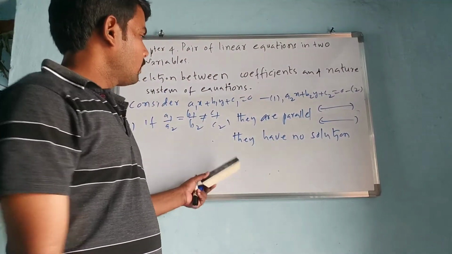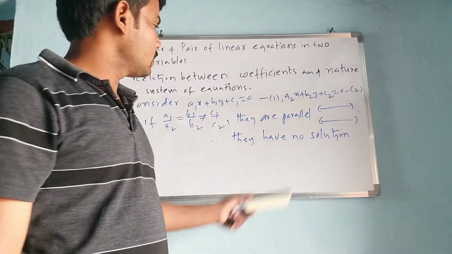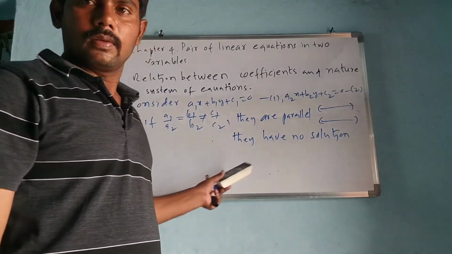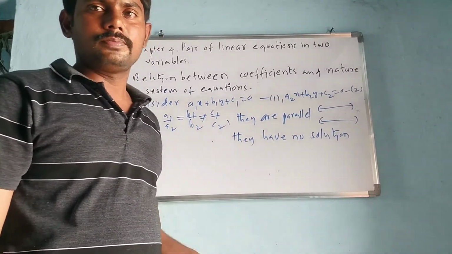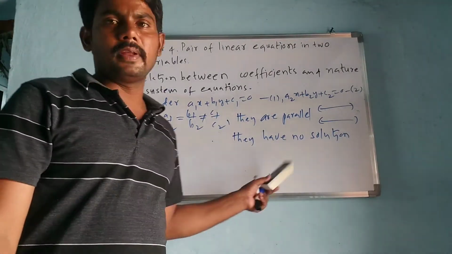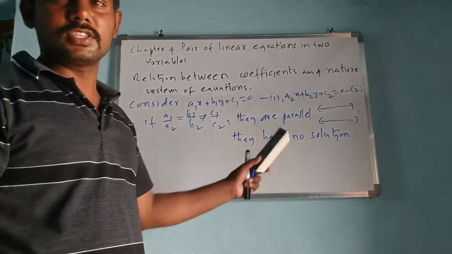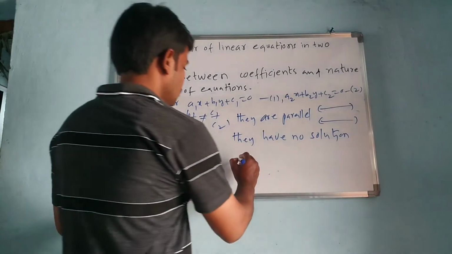So if they have no solution, we can say that the two lines are called an inconsistent pair of linear equations.